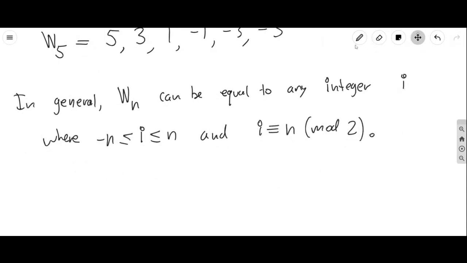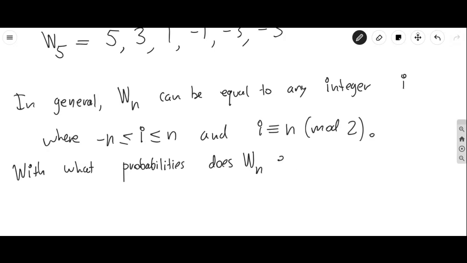Now the next question that we're going to ask is, with what probabilities does Wn equal these integers?